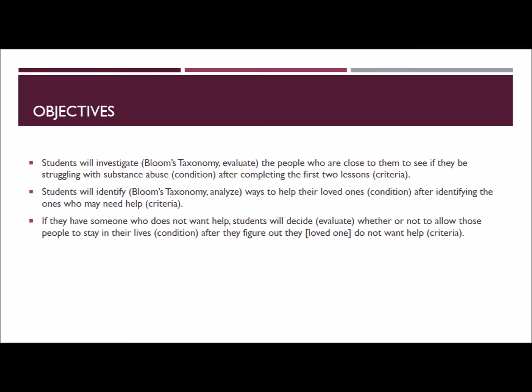If you can help yourself, or you're taking this class to learn how to identify and help the people around you, then that is what the purpose of this class is going to be. The first objective will be this: you guys would be investigating the people around you.